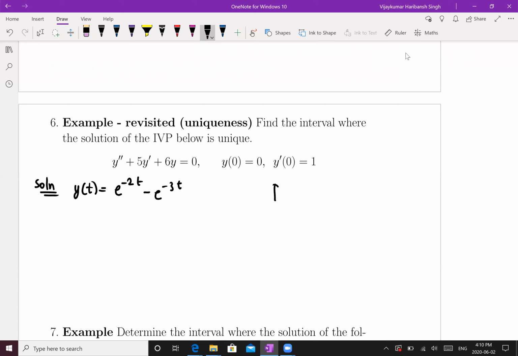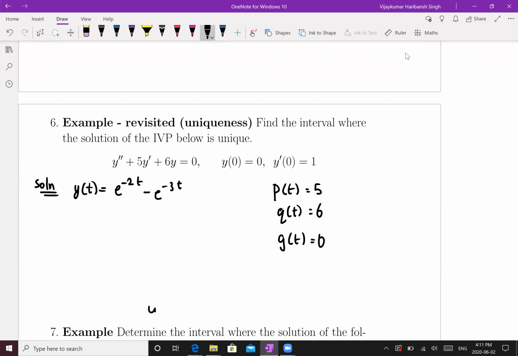Here, what is my p(t)? My p(t) is 5, my q(t) is 6, and my g(t) is 0. I'm comparing it with the following differential equation.